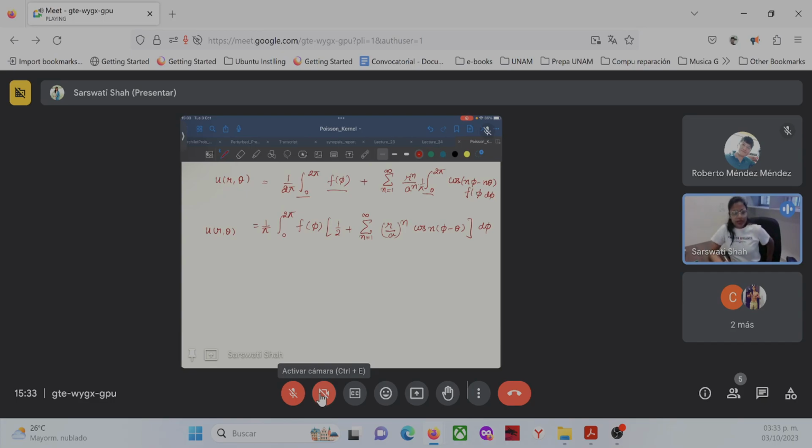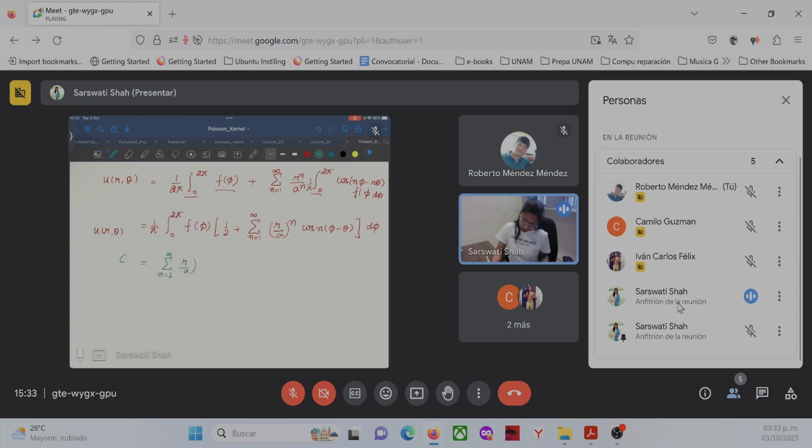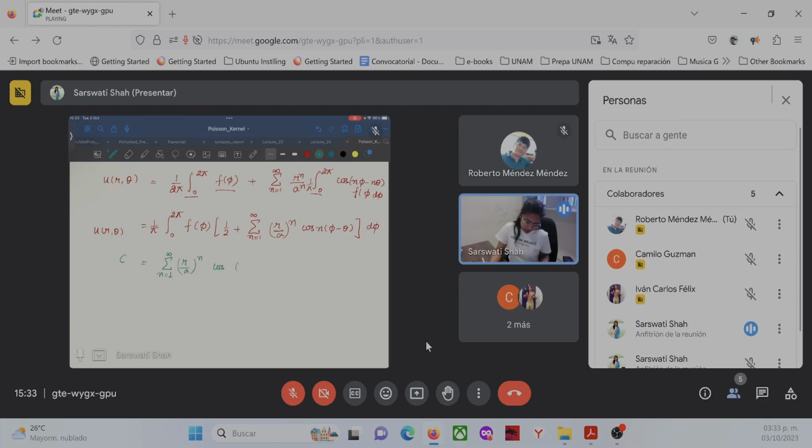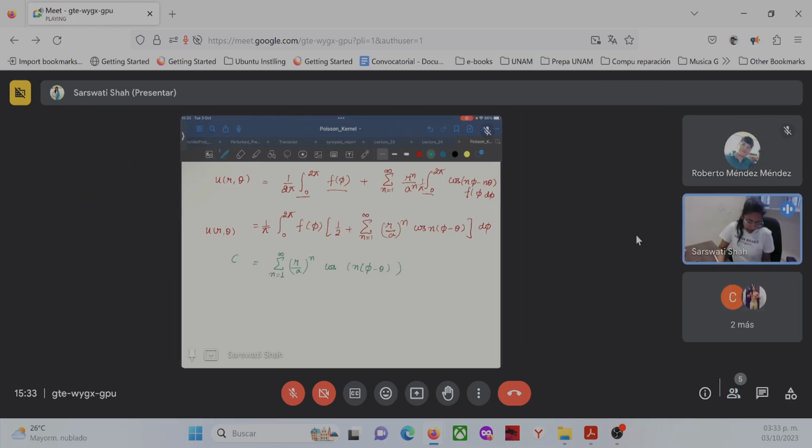Now we are going to obtain a closed form solution of this interior Dirichlet problem. So assume that C equals summation n varying from 1 to infinite, r over a to the power n cos of n phi minus theta, and S equals summation n varying from 1 to infinite, r over a to the power n sine n phi minus theta.